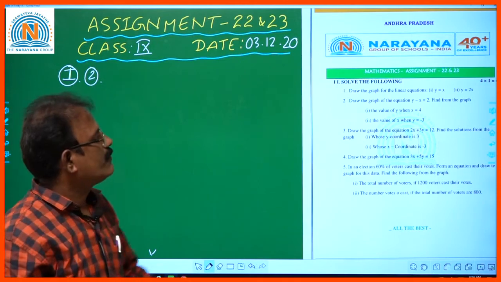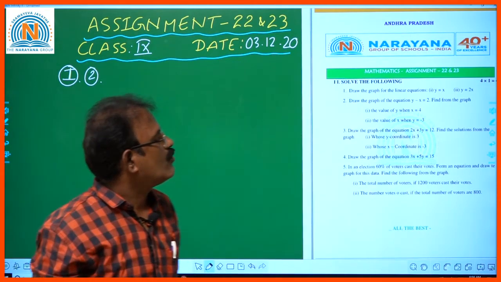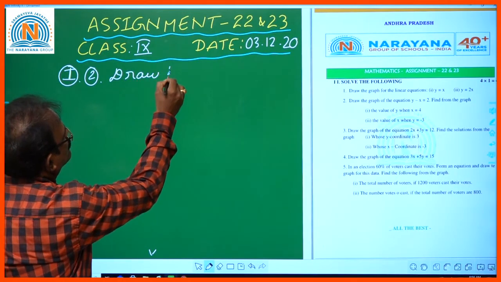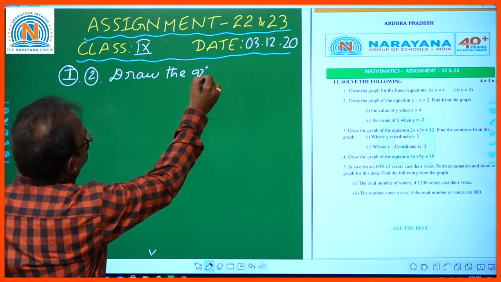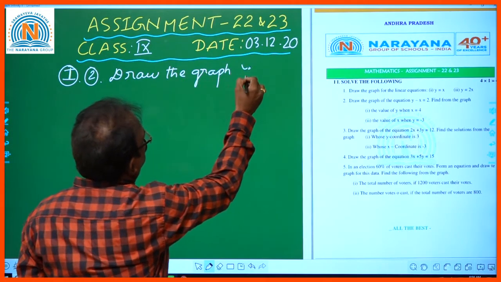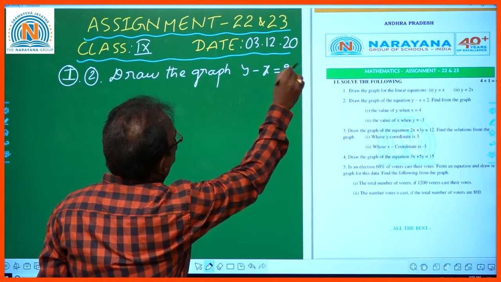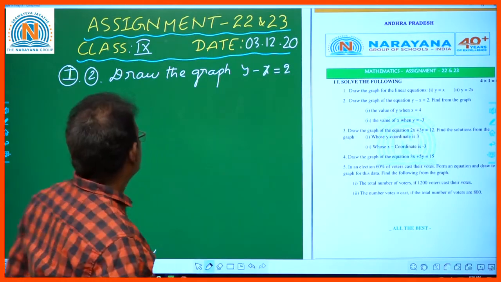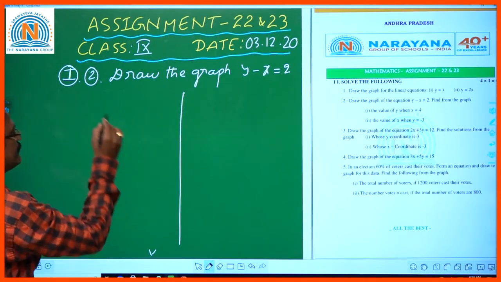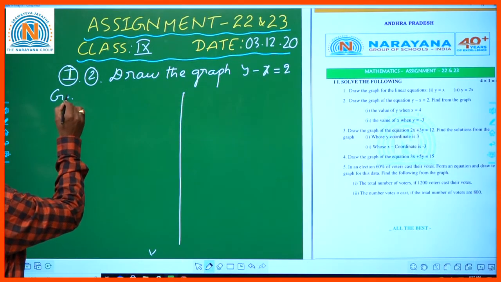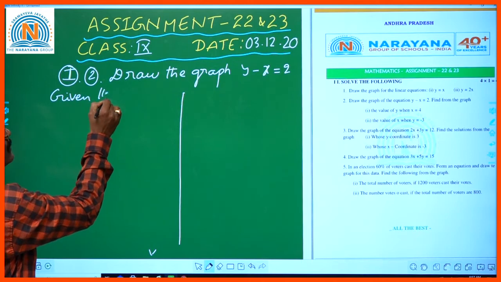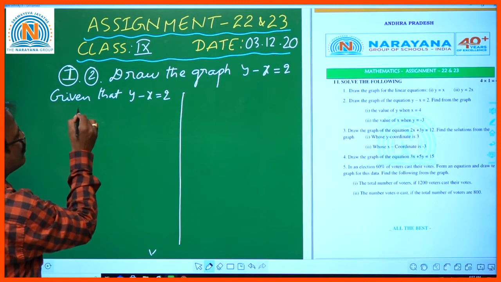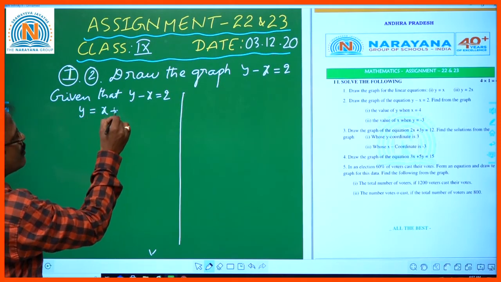Our next question: draw the graph of the equation y minus x is equal to 2, then find from the graph. First of all, what is given? Given that y minus x is equal to 2, so y is equal to x plus 2.